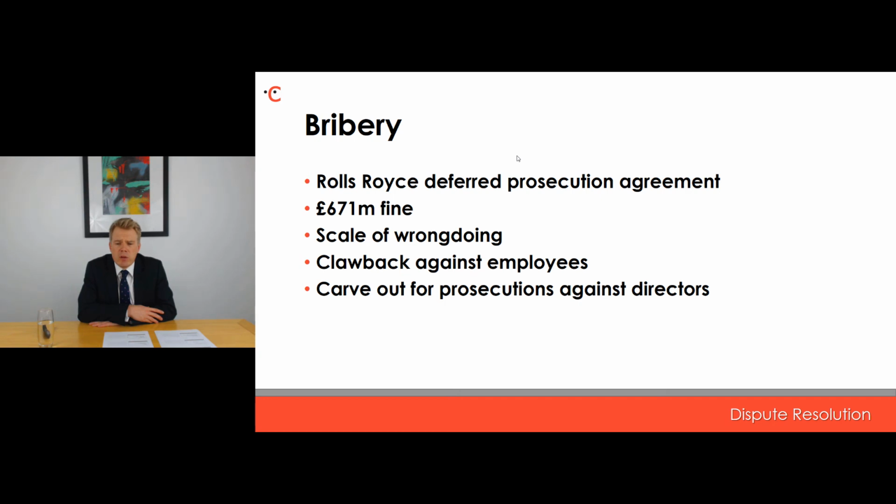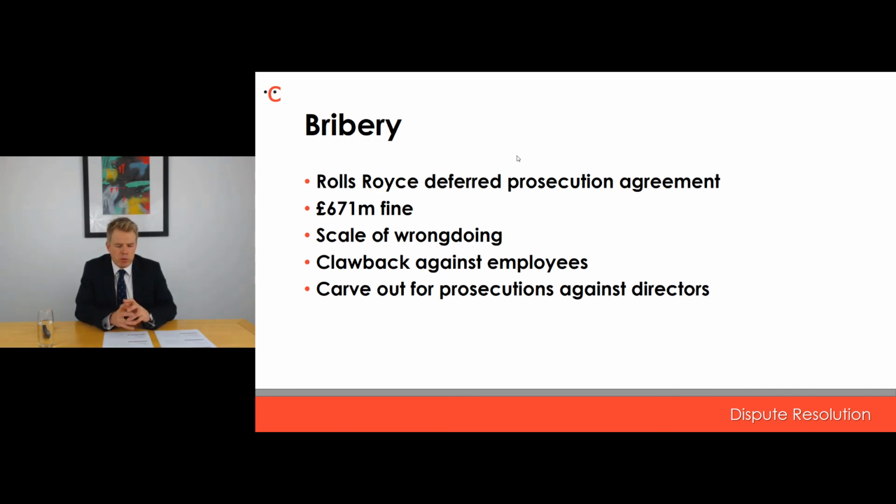If you haven't, look it up. The figures in it are quite staggering. Rolls-Royce was agreed a fine of £671 million as a result of its very wide-ranging involvement in bribery over many different jurisdictions over a long period of time.